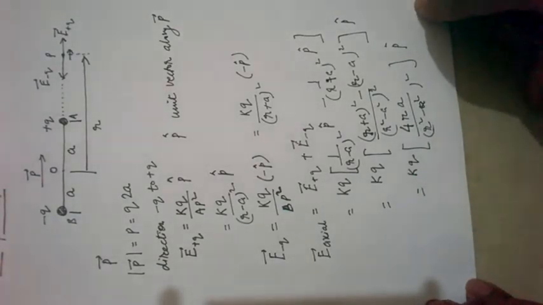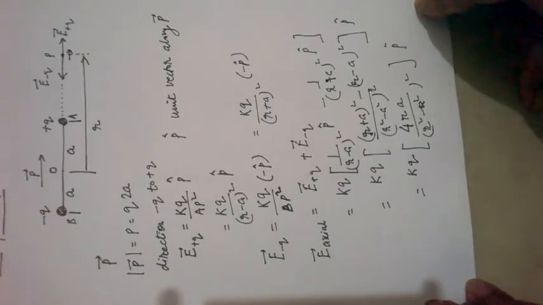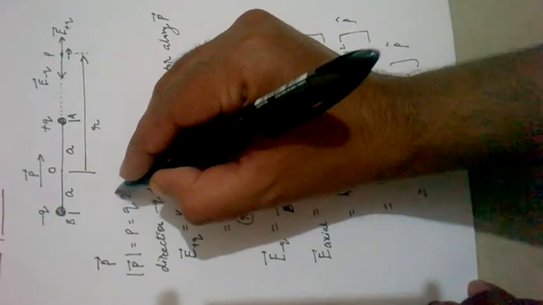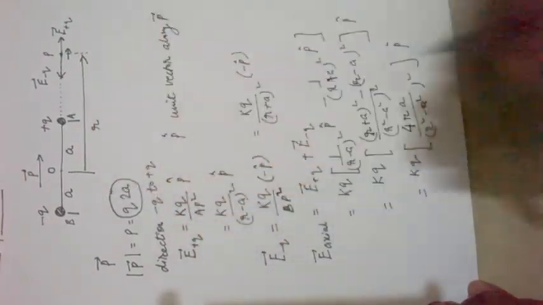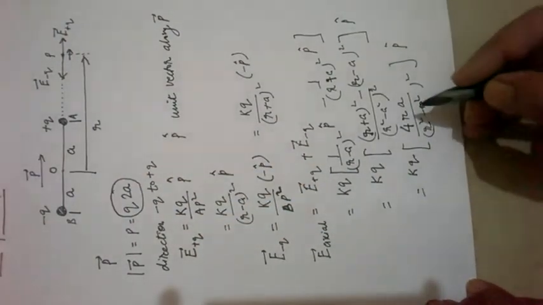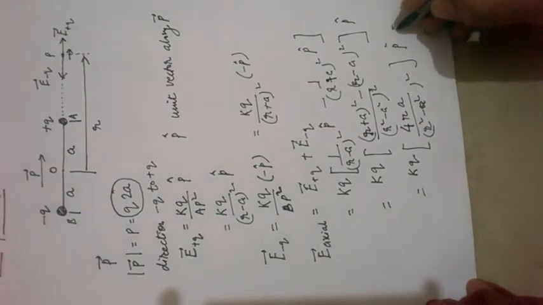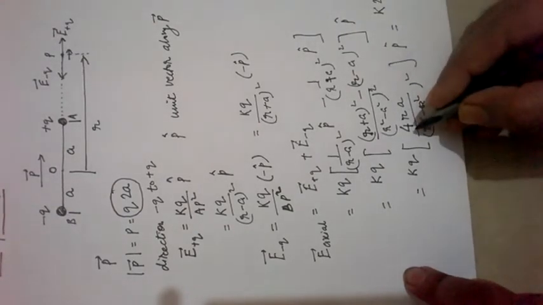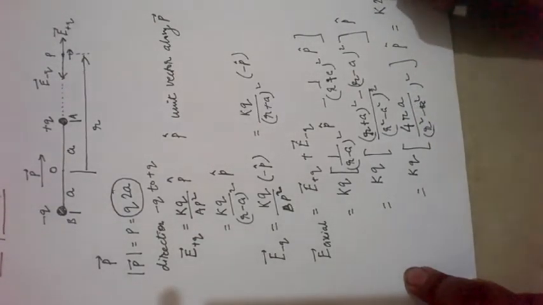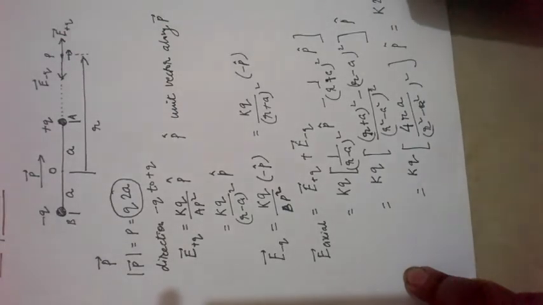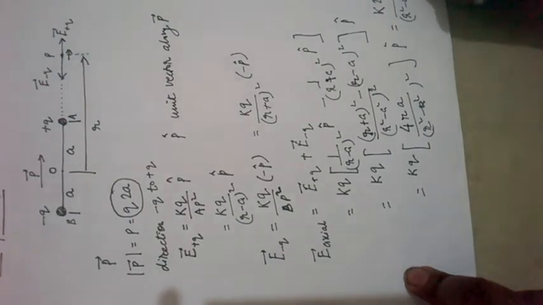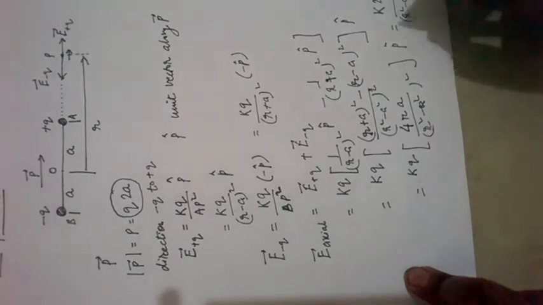Now we will make some simplifications. We have the electric dipole moment, which is q into 2a. If you separate that part, you get k, and 2qa will be p, times r, P cap divided by r squared minus a squared, whole squared.